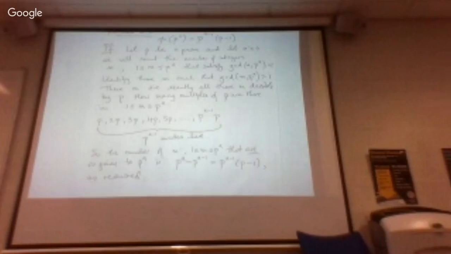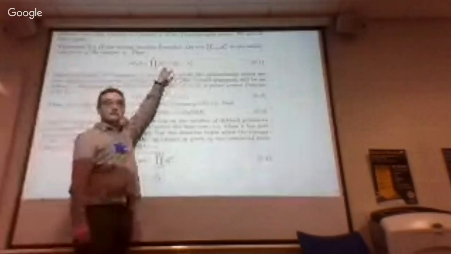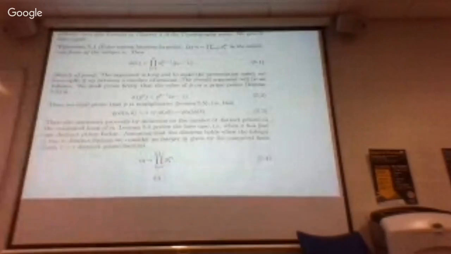Because the main point we're driving home is working with this formula here, the definition of the Euler phi function in terms of this formula. So next week we'll look at explaining why the function phi is multiplicative, although I encourage you to read it in the meantime.